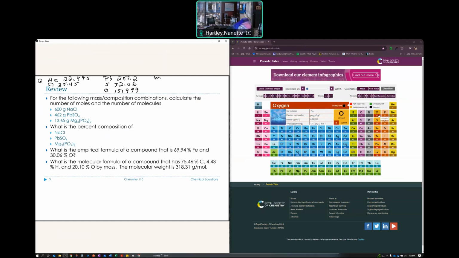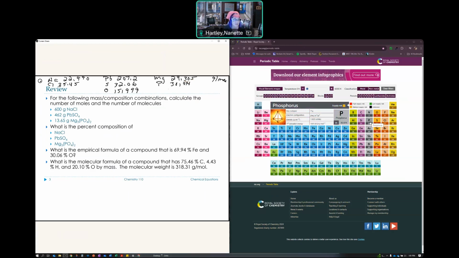And we've got Mg, P, and O, which again, I have O, so I'm not going to write it again. Our Mg, 24.305. And phosphorus here, 30.974. And those are all in grams per mole.